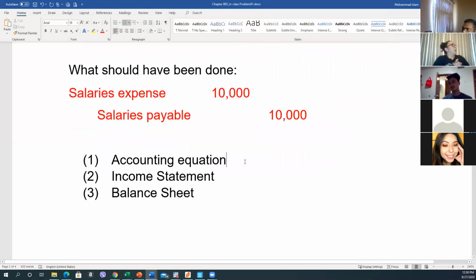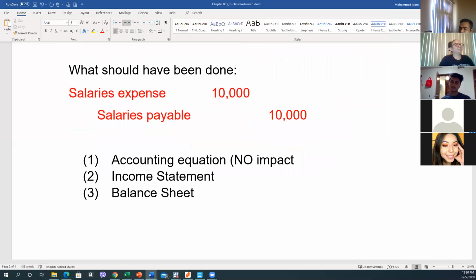On the accounting equation, the salaries expense affects essentially the owner's equity portion. So the owner's equity would be overstated, and liabilities would be understated.